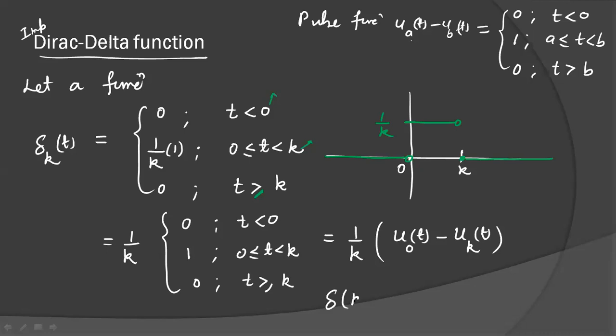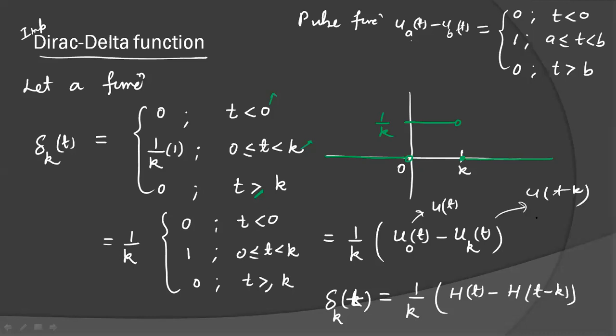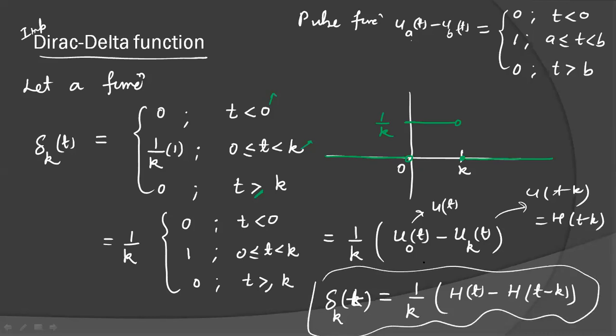Delta kt is equal to 1 over k times (u0t minus ukt). This u0t is nothing else but ut, which is equal to ht, and ukt is u of t minus k, or h of t minus k. You can see the Heaviside function. So delta kt is 1 over k times (ht minus h of t minus k).